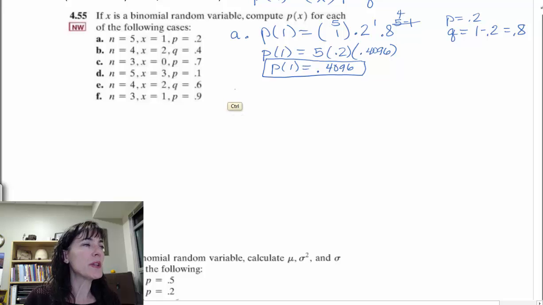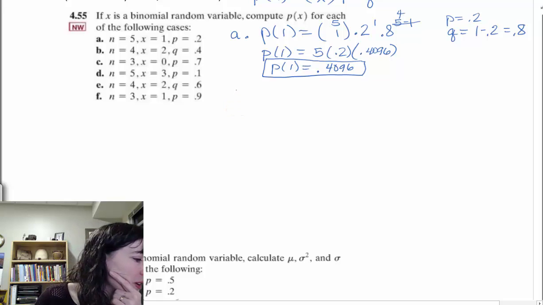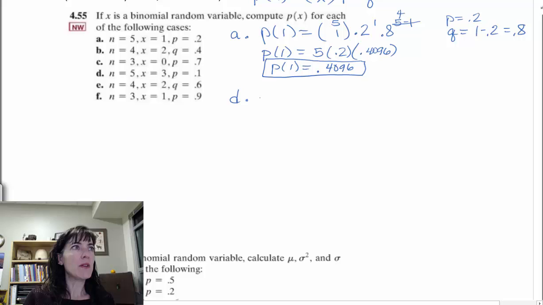So I'll do another one. I'm looking to see which one looks hard. For part D, I want the probability of X is 3, so the probability of exactly 3 successes in my n is 5, so in 5 trials, so that's 5 choose 3, times the probability of success for part D is 0.1, so 0.1 to the third, times, and then I need to know what my Q is.